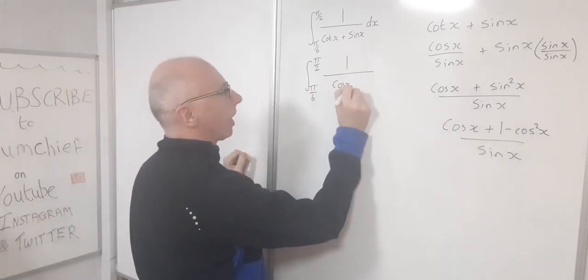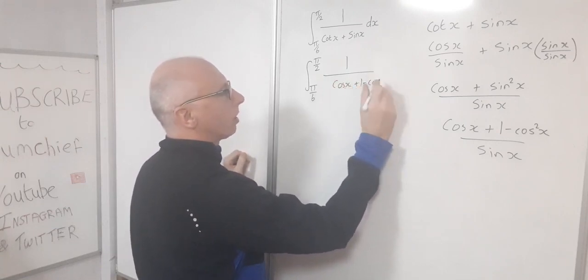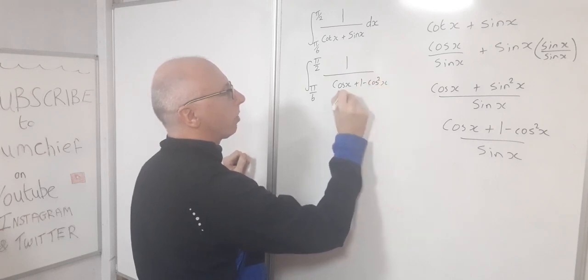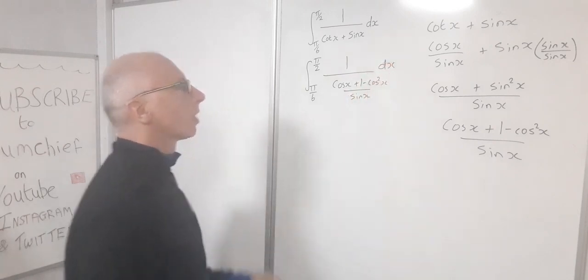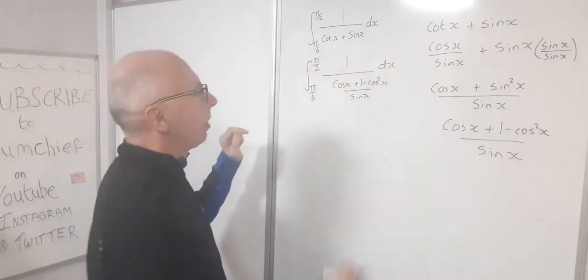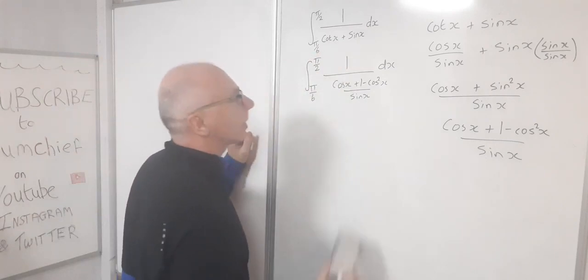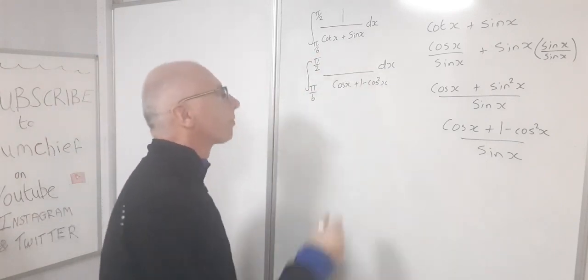So cosine of x plus 1 minus cosine squared of x all over sine of x, dx still. Okay, now we can bring this sine up to the top. That's fine, so let's just do that. Just neaten things up.